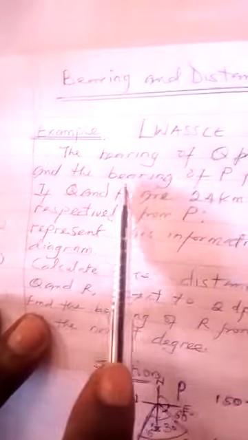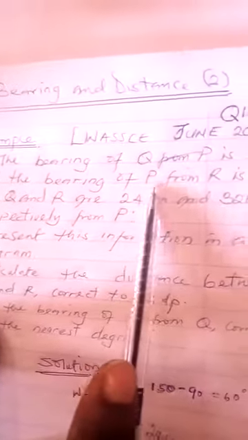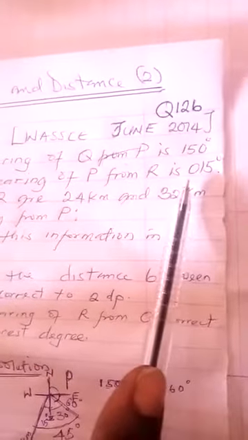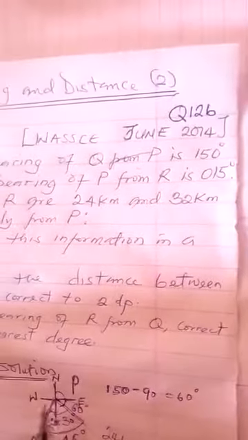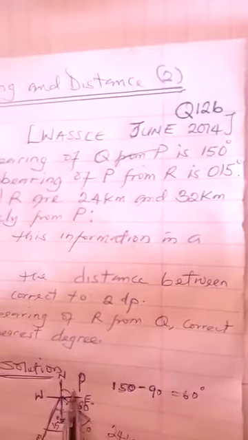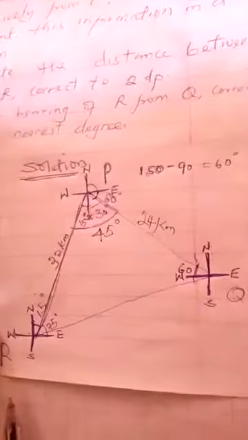And the bearing of P from R is 15 degrees. The bearing of this P from R. So we use the word after from. So this is our point R. If this is our point R, the cardinal point of R, 15 degrees, first quadrant to P. So if this is 15, to balance the quadrant, this is 75.